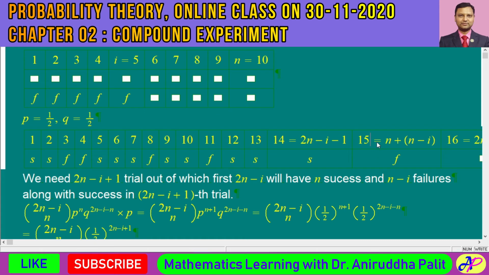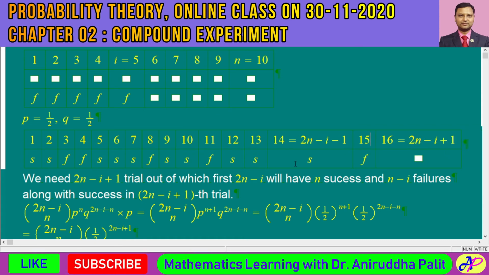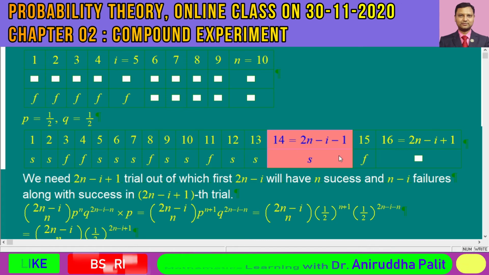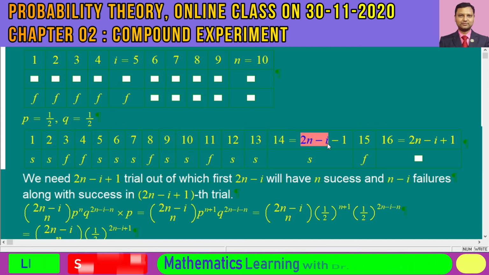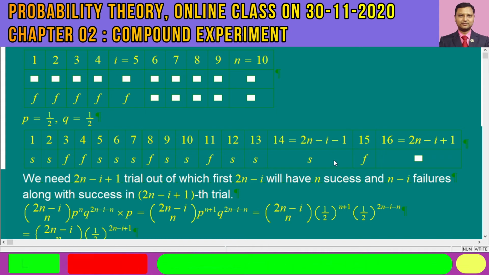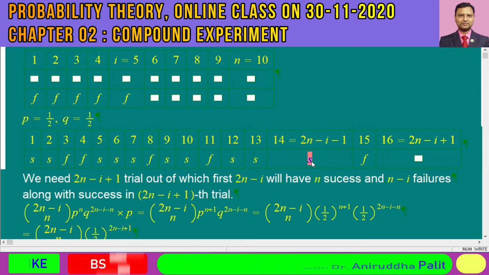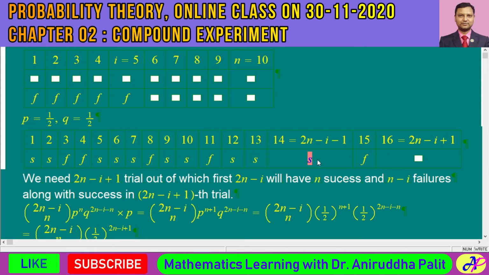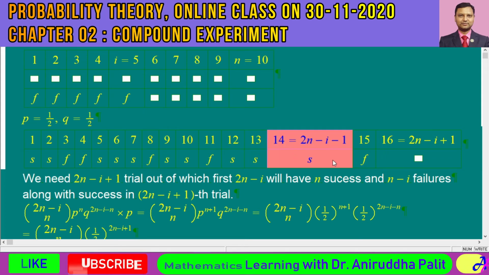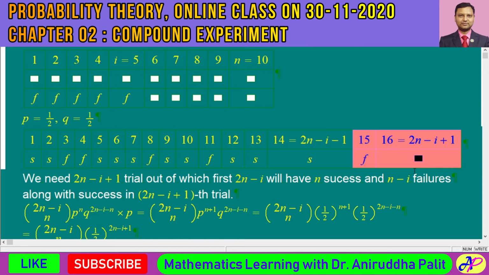Okay, forget about it. So we are talking about this trial number 14, and out of these 2n − i − 1 trials, it is observed that we are choosing the success in the last trial. So forget about all these results.